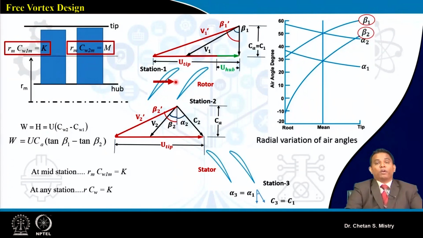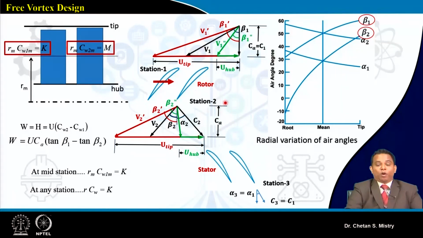Okay. Now we know near the hub region the radius is lower. That is the reason my U-tip will be coming to be lower. And this will be the change of my angle, beta 1 double dash. And here at the exit, this will give me beta 2 double dash. Now we need to be very careful here.